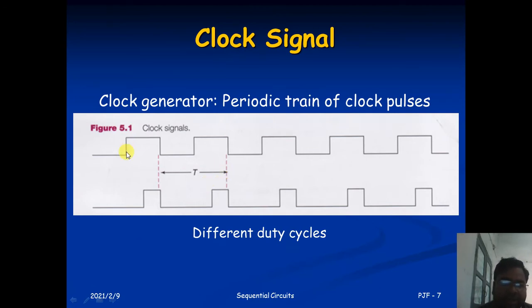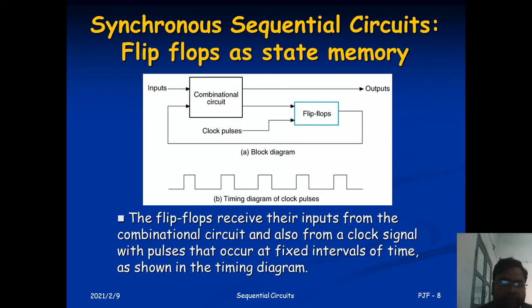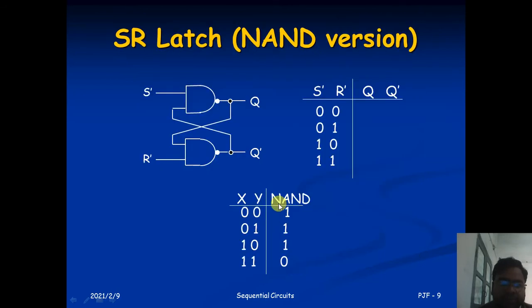This is a square wave pulse generator, which generates an equal periodic signal, with the clock generated at a time interval of t. This is the block diagram of the synchronous sequential circuit of a flip-flop, and this is the timing diagram of the clock pulses.